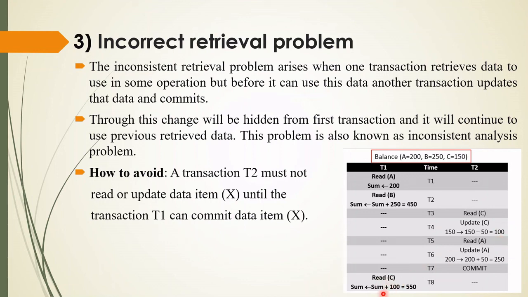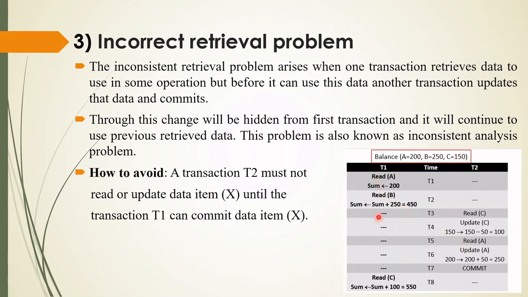Now we read C, so sum is equal to sum plus 100, because we are reading the value of C as 100, as it was updated by transaction T2. The value of sum is 450, so 450 plus 100 gives 550. According to the data, our answer must be 600, because transaction T1 is doing the sum of all balances in the accounts, A plus B plus C, so it must be 600.